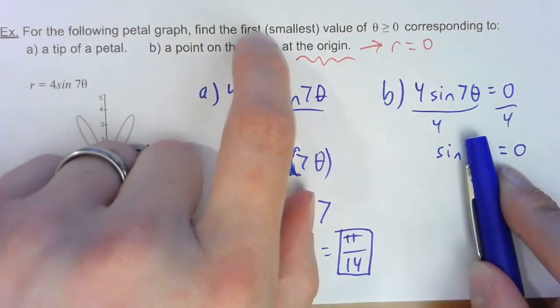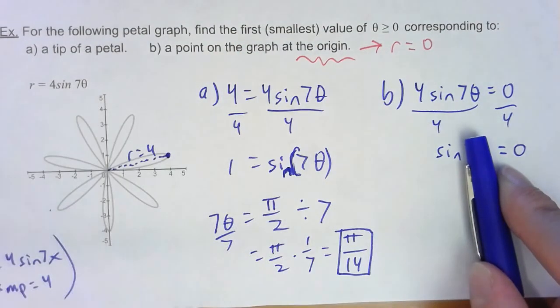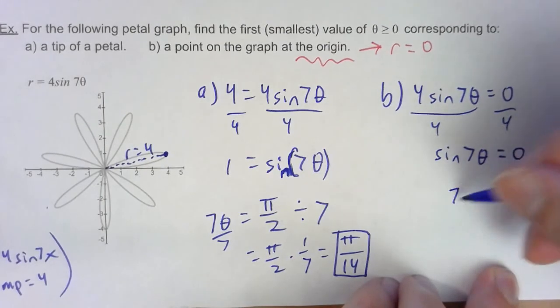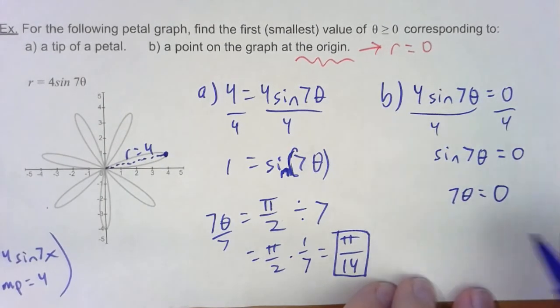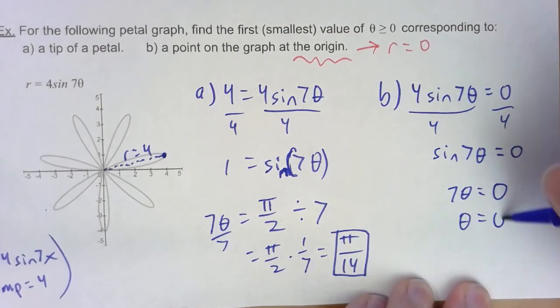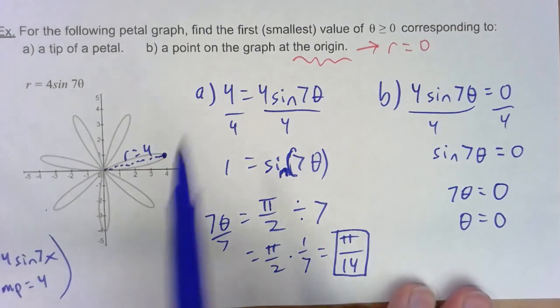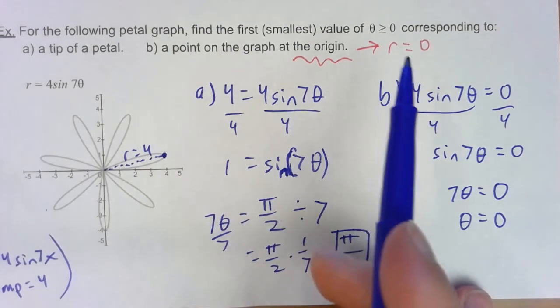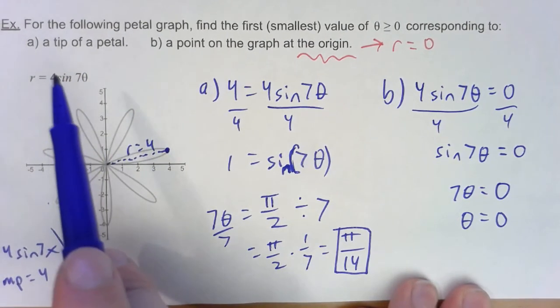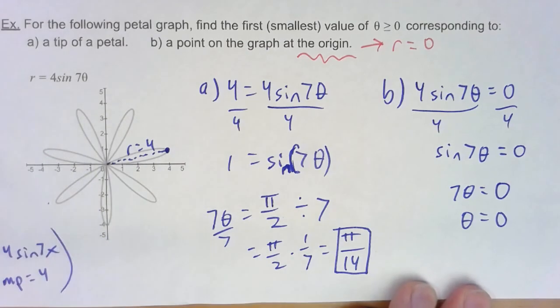But notice we just want the first or the smallest value. There's always an infinite number of angles that solve anything. We just want the first or the smallest one. And so we'll just say 0. Now that is what 7 theta equals. But if 7 theta equals 0, then theta equals 0 as well. So to find when it's at the origin, you just set the equation equal to 0, you make r be 0, and to find the tip of the pedal, you set the equation equal to whatever this leading coefficient is in the equation.